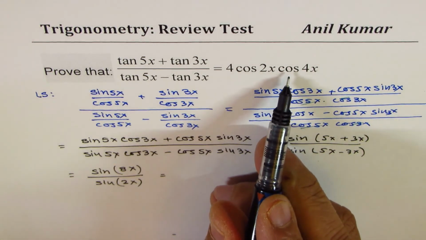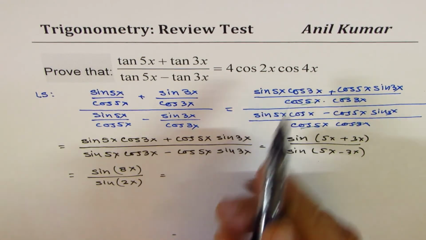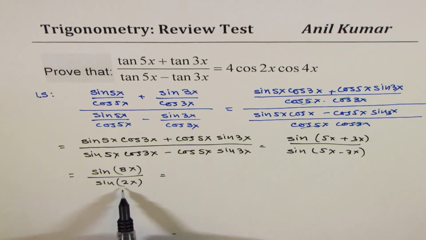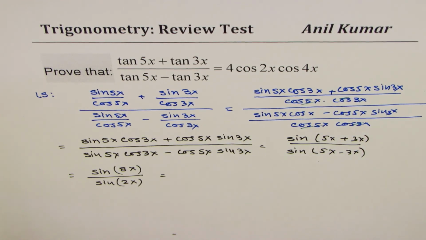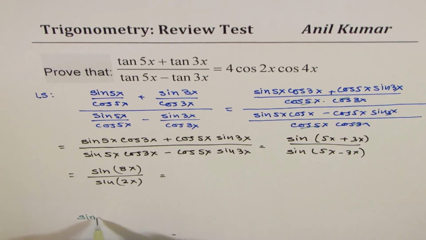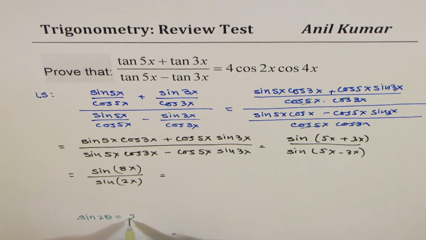We're looking for cosines 2x and 4x. In the numerator, we could apply the double angle formula. Let me write down the formula first. If I have sine 2 theta, I could write this as 2 times sine theta cos theta, right? Here we have 8x, so half of 8 is 4, right?